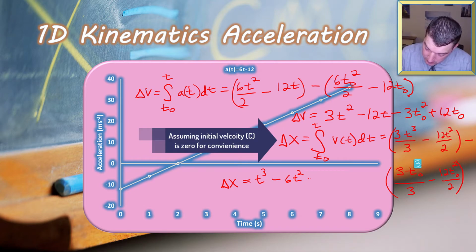Distributing the negative, minus 3 divided by 3 is 1, minus t naught cubed, and plus 12 divided by 2, or 6t naught squared. And now, based on the time interval, we can find the change in position, or the displacement, during that time.